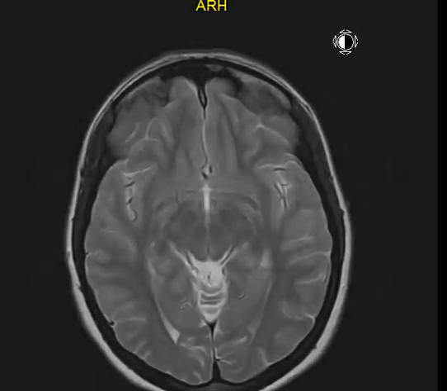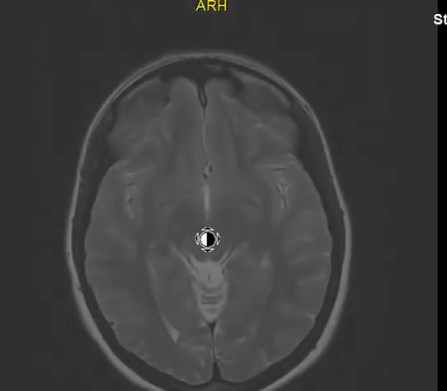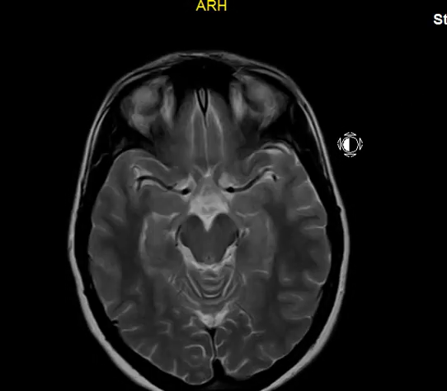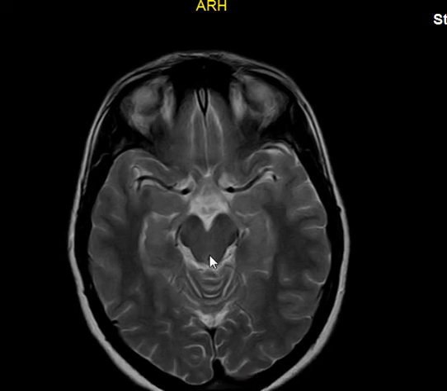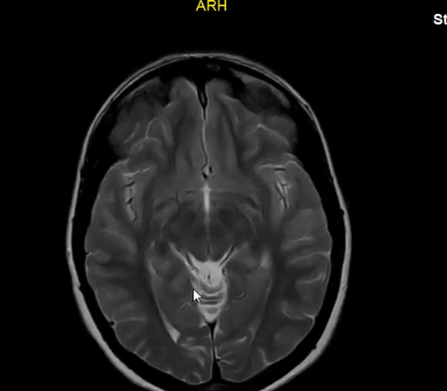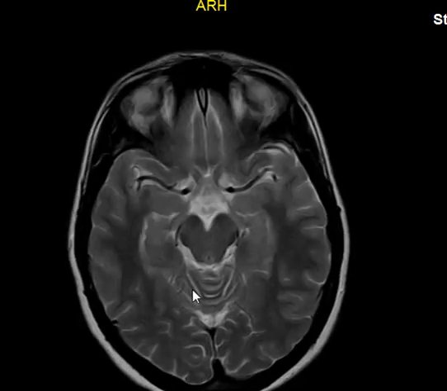The tectum is dorsal to the aqueduct of Sylvius. That's what we call the tectal plate. So when you see the aqueduct of Sylvius, this tiny dot here, everything dorsal to it, posterior to it, is the tectum, which we call the tectal plate. Okay? The same as the periaqueductal gray matter?